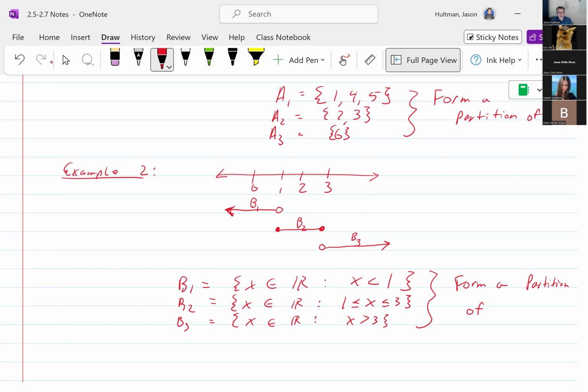All integers? Well, a number line is a line, and a line is continuous, not discrete. It goes off to positive infinity and negative infinity. So it's not the set of integers, you're close. All real numbers? Yeah, all real numbers, thank you. It's a partition of R.